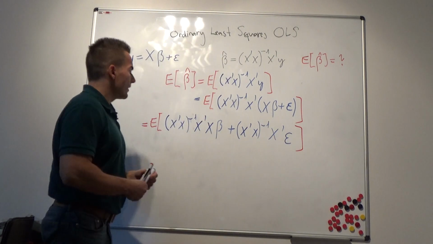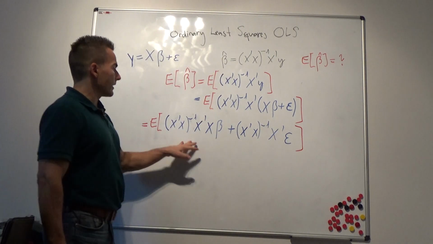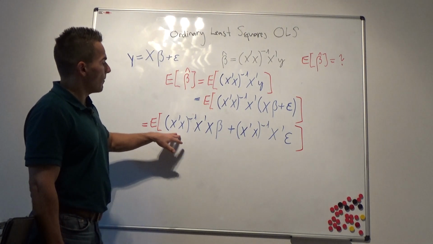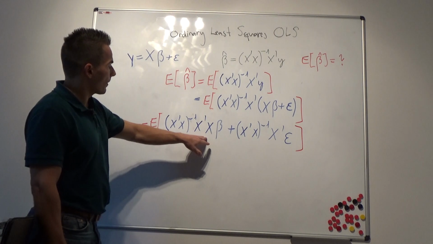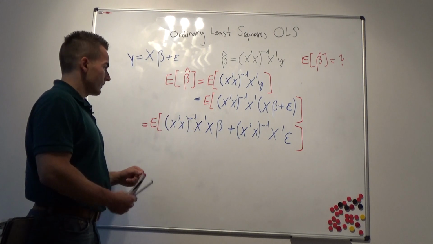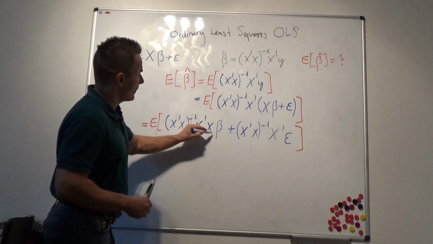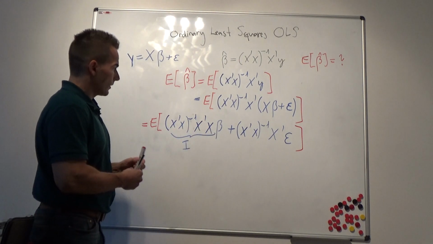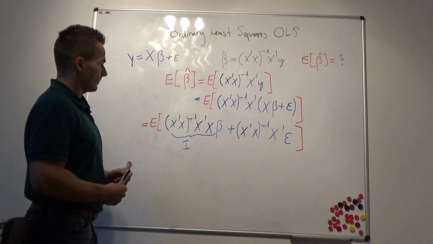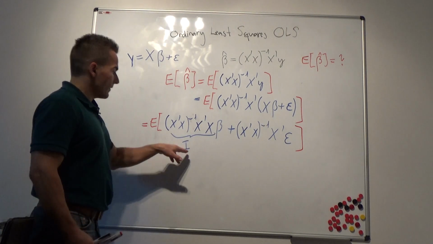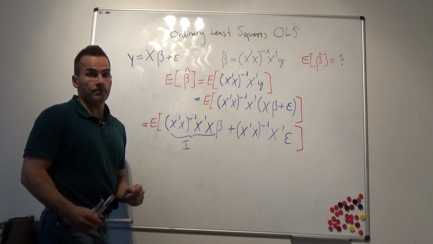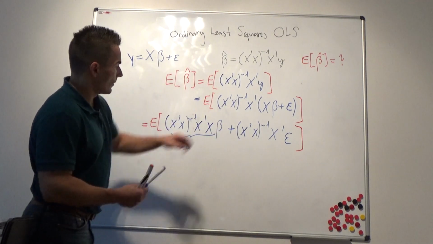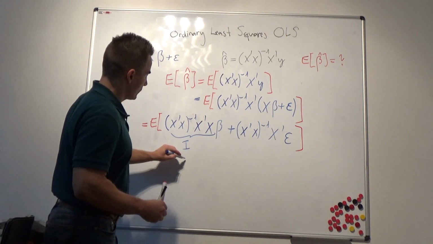So what we see now here is the same thing that we have already encountered. We multiply a matrix product with itself inverted. So what we have here is nothing else than the identity matrix times beta. And we know the identity matrix times beta is beta. So what we have here in the first term is just beta.